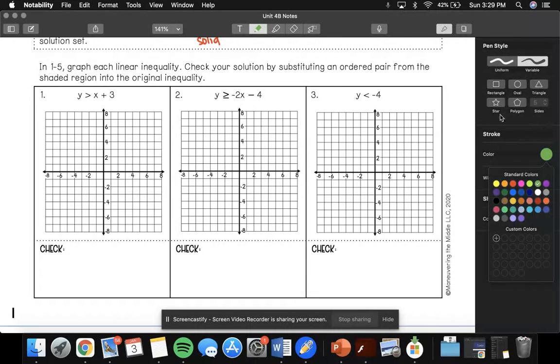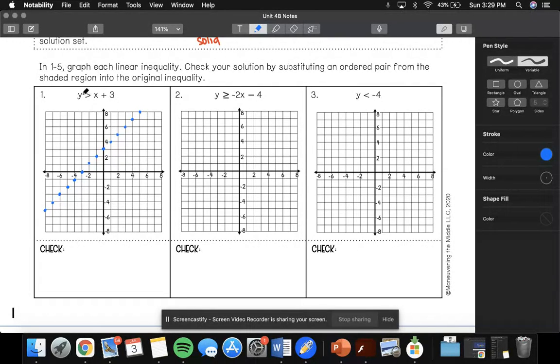Okay, so y is greater than x plus 3. The first thing is, let's just graph x plus 3. So we're going to start at 3 and go up 1 over 1, up 1 over 1, and I am going to make sure that I put all the points that I can. Then all I need to know is from this symbol right here.